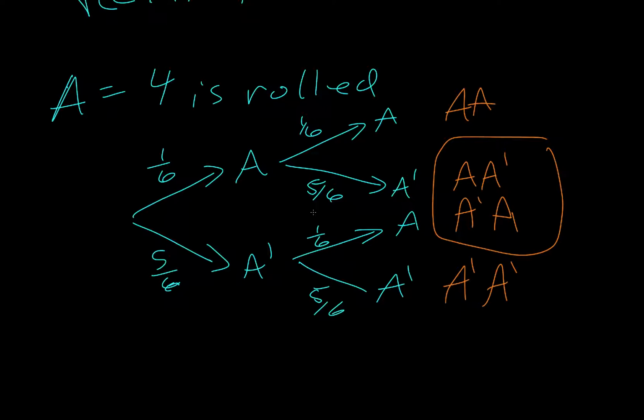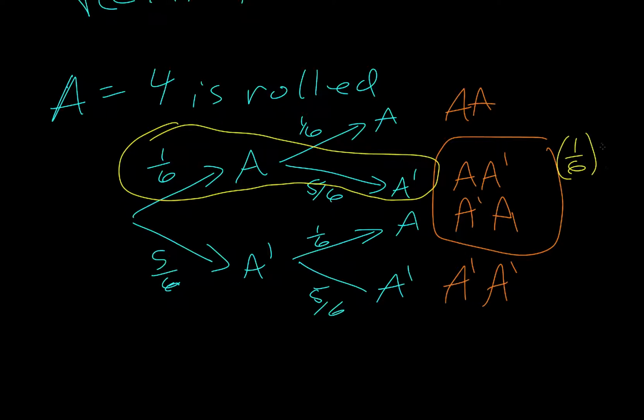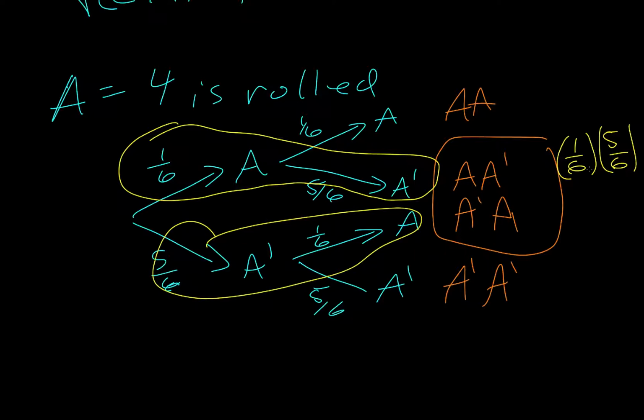So we're going to look at both of those branches. We're going to go down this branch, which is going to be 1/6 times 5/6. And then we're also going to go down this one, which is actually the same thing, just backwards, 5/6 times 1/6.